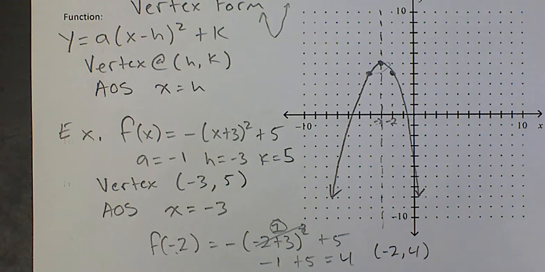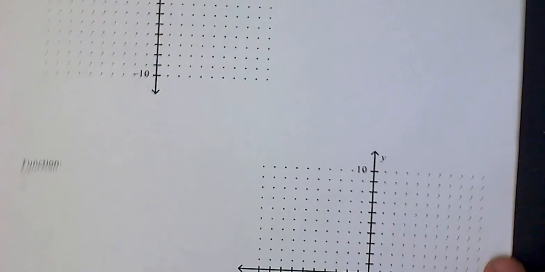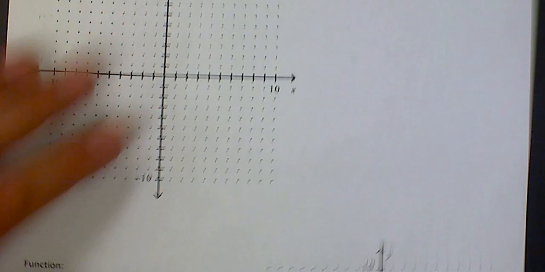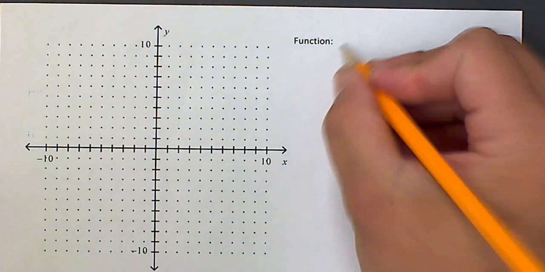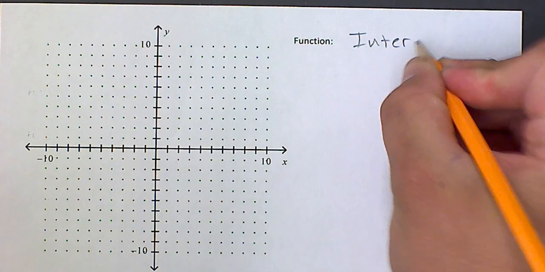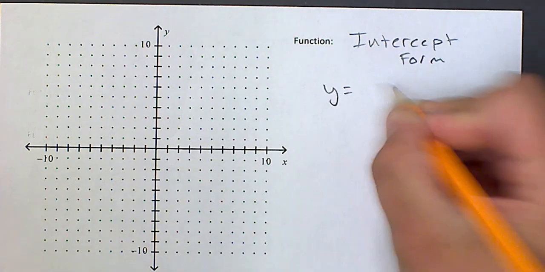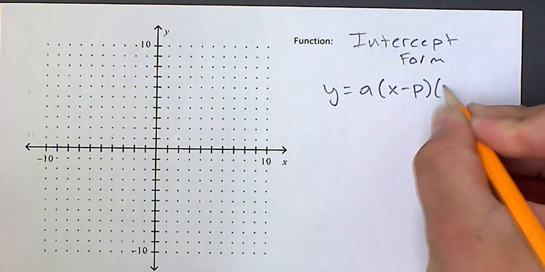Okay, let's go on to the next form. The next form is intercept form. So I'm going to write the general form for intercept form. y equals a times the quantity x minus p times the quantity x minus q.